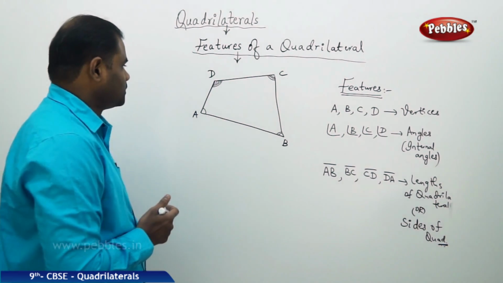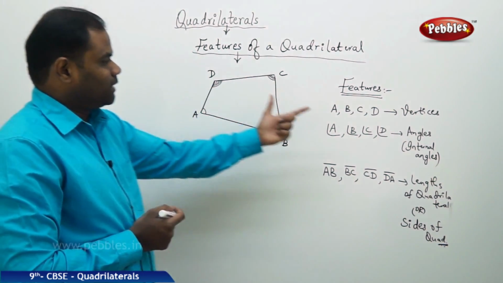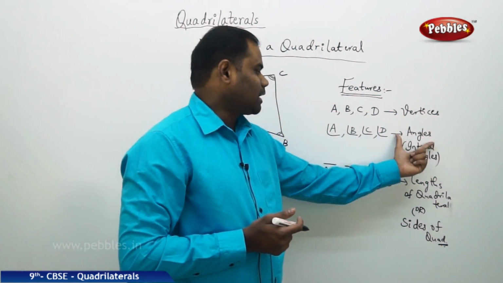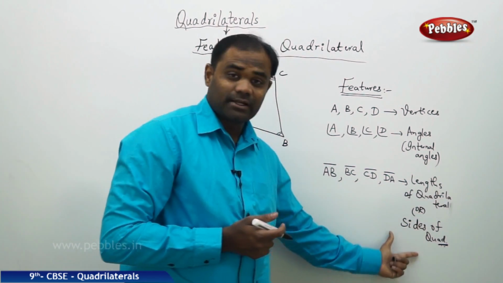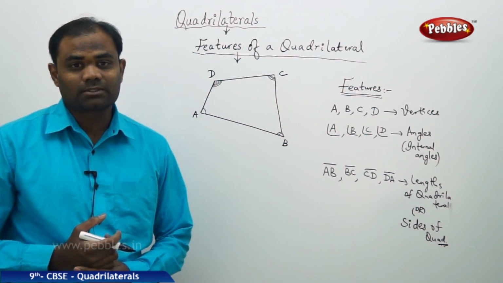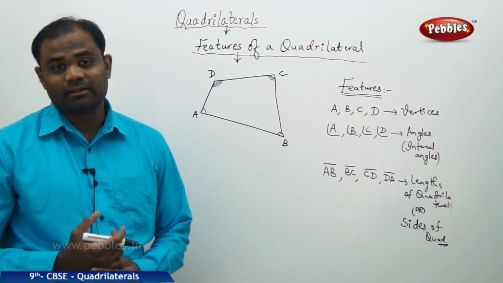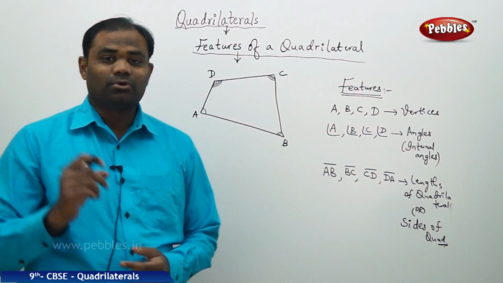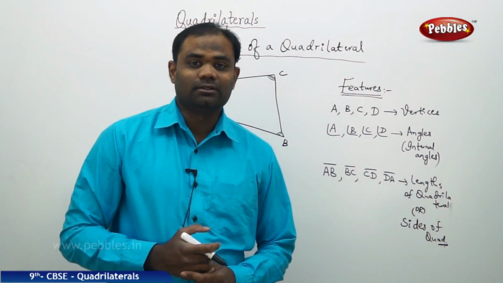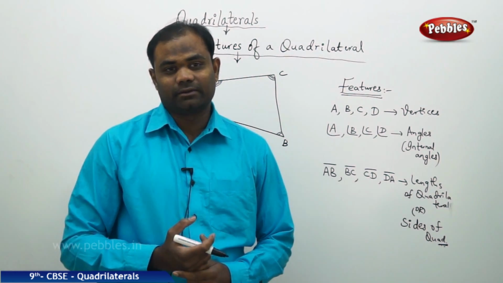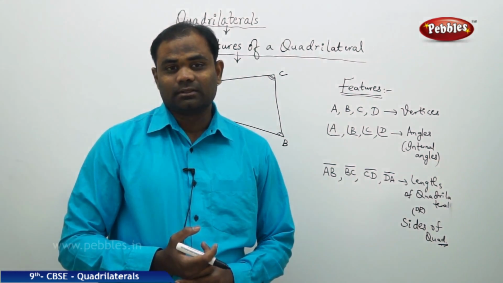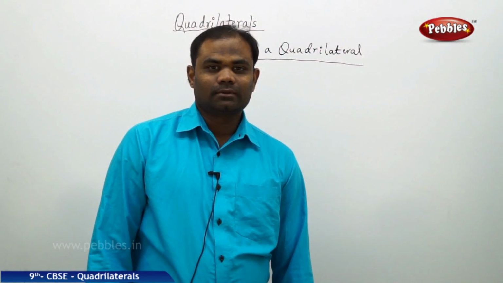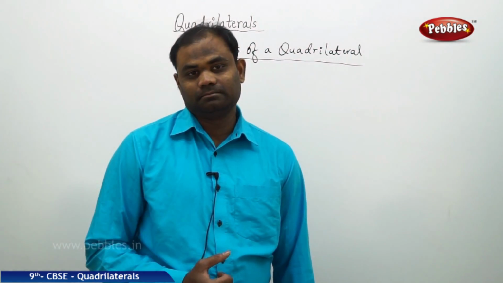Next, now that we have discussed vertices, angles and lengths or sides of a quadrilateral, now comes the discussion of diagonal, which is the most important concept in understanding the further properties of a quadrilateral. Let's see the diagonal in brief. Next is diagonal.